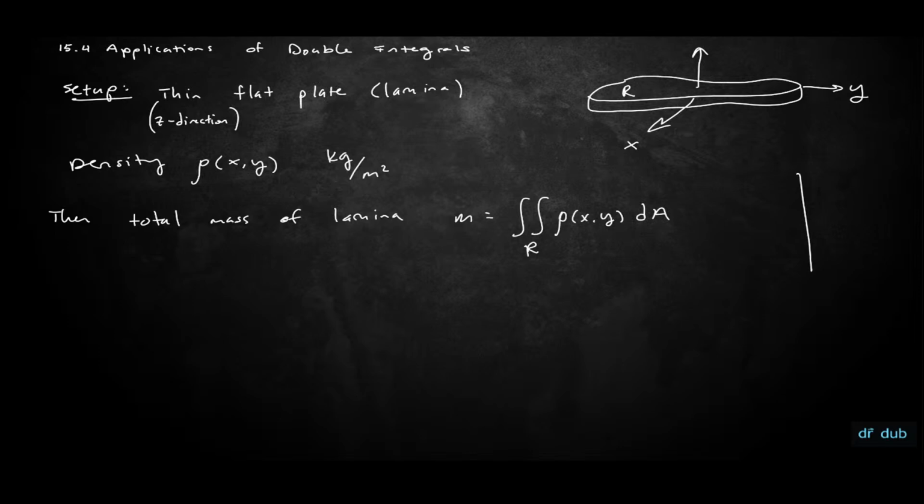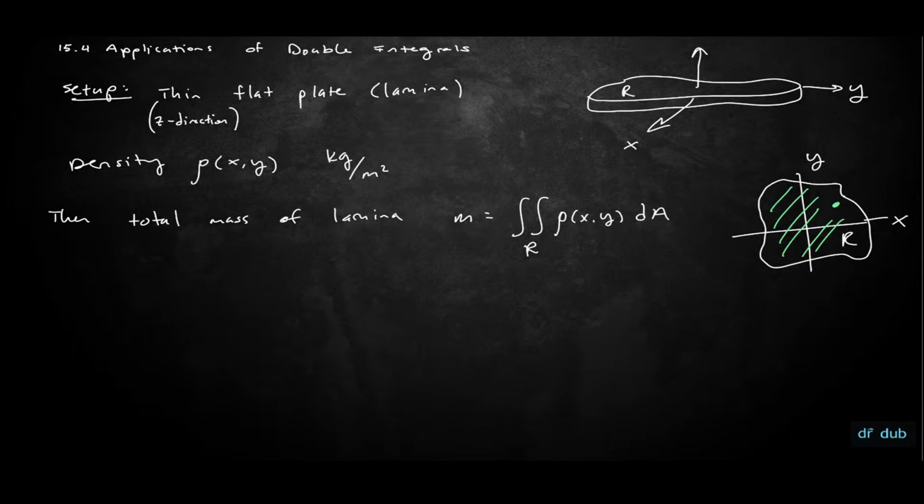You have your lamina in the XY direction and you want to find its mass. Well, you break it up into a bunch of little rectangles. Find the density at a point in the rectangle, multiply it by the area of that rectangle, and you get the mass of that rectangle. Add those all together over the whole region. That's the very definition of an integral. So that's going to be our setup. So that's the total mass of the lamina.